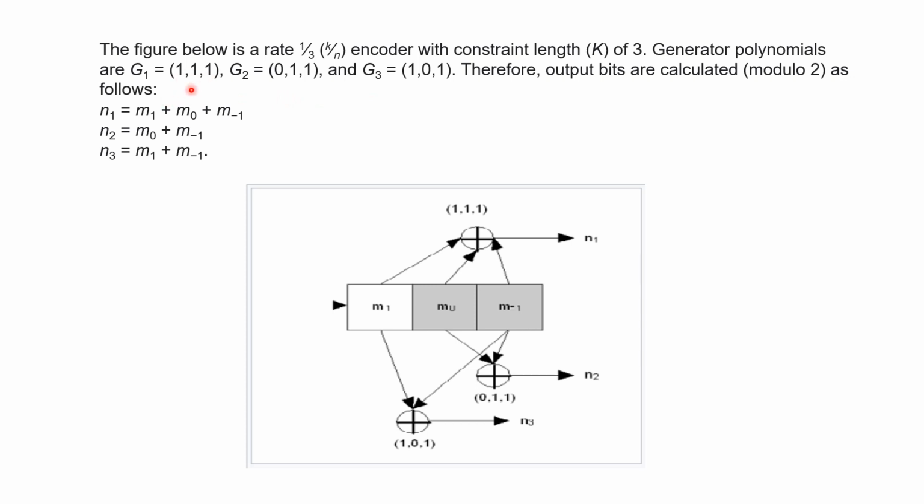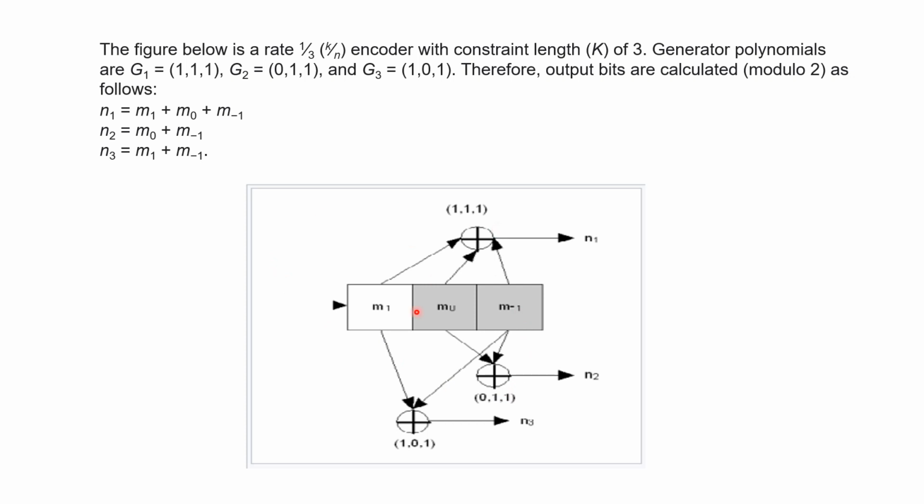Here all 3 are present, so we represent them as M1, M0, M with suffix -1. The second one is 0, 1, 1, so we write M0, M with suffix -1. And if you see 101, M1 is present, M0 is not there because of the 0, and M with suffix -1 is present.